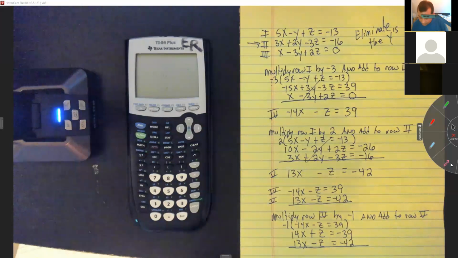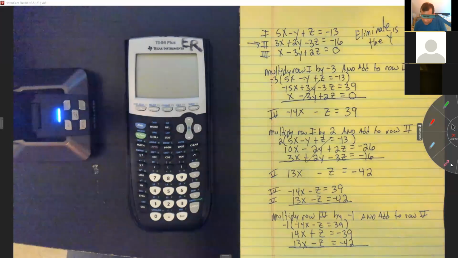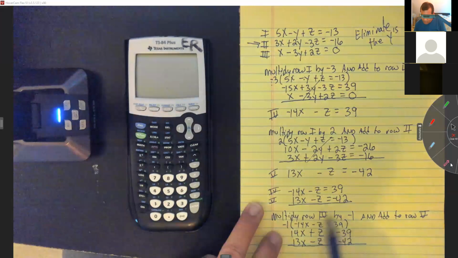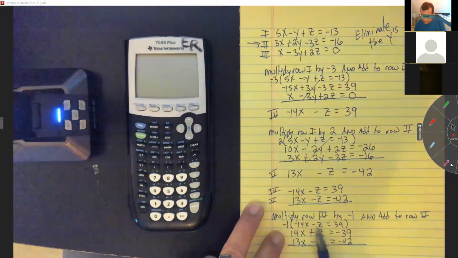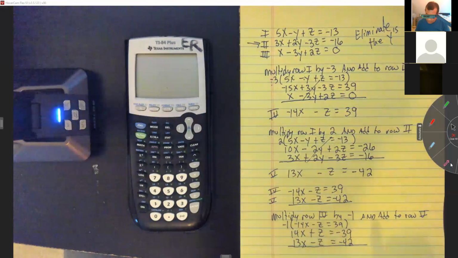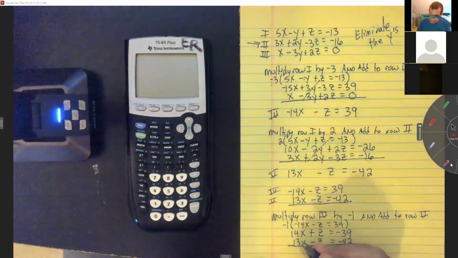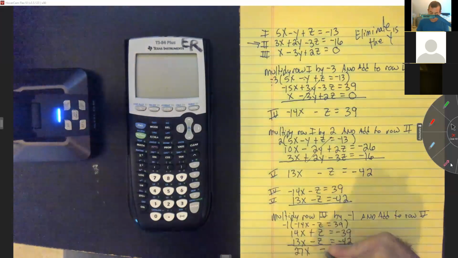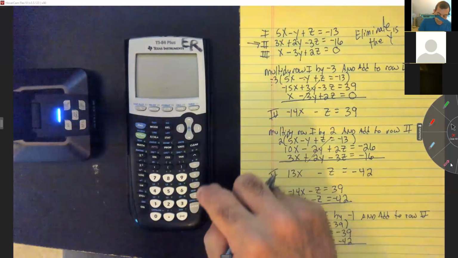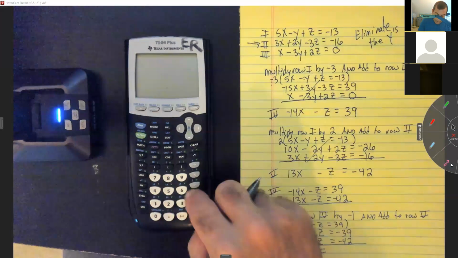All right, let me make sure I did what I needed. So now add these and get rid of the z's. So that's going to give me what? 27x equals negative 39 plus negative 42.